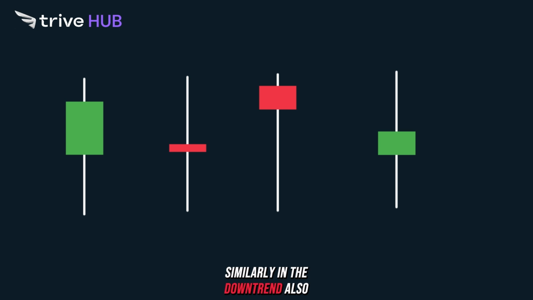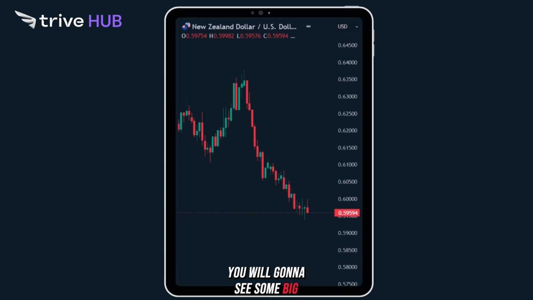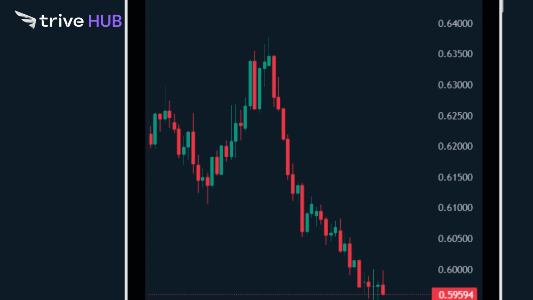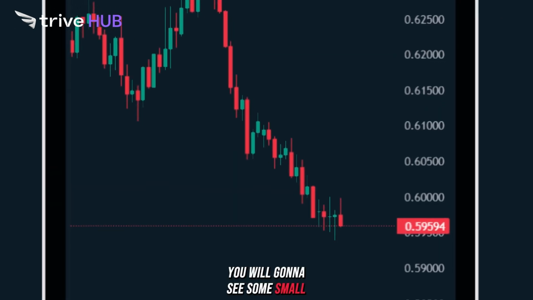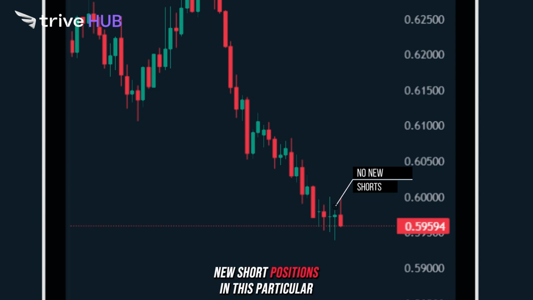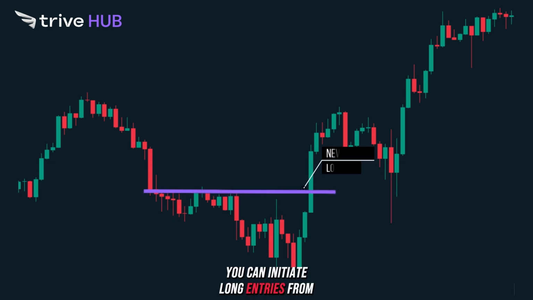Similarly, in the downtrend, whenever the trend has started, you will see some big red momentum bars in it, but at the end of the downtrend you will see small candles forming subsequently, and that will give you an early indication that you should exit your prior shorts and not initiate new short positions in this trend, because the trend might change its direction, and when the direction is actually changing you can initiate long entries from there.